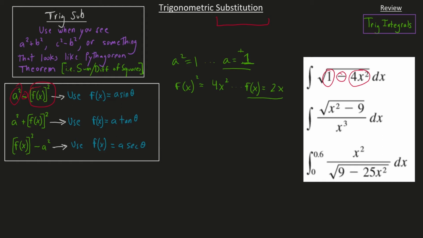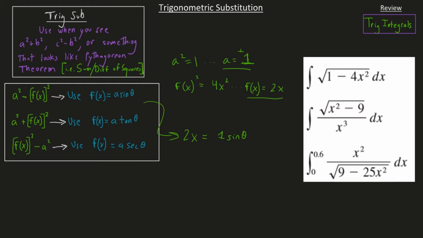And therefore, the substitution we should use is 2x, that's my f first, is equal to a, which is just 1 times the sine of theta. So this is always the first step of trigonometric substitution, using this table right here, based on what sort of Pythagorean theorem sum or difference of squares that we see.